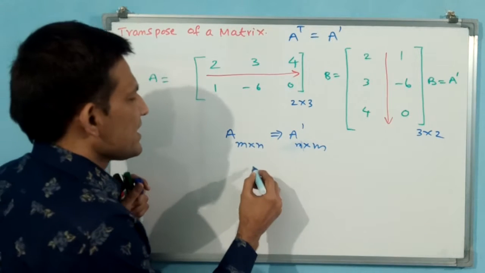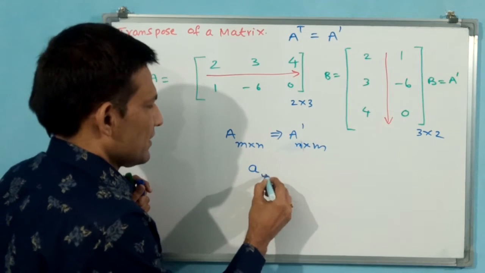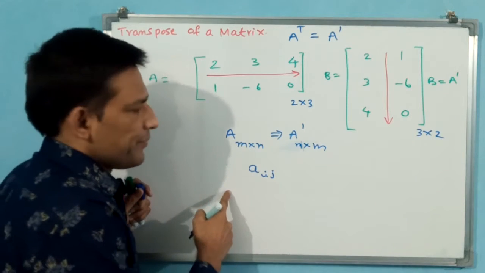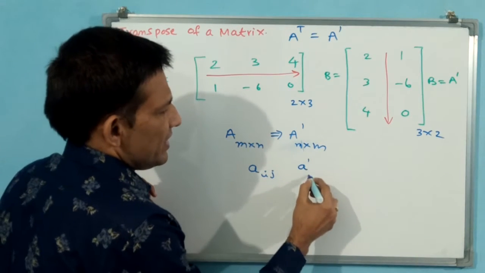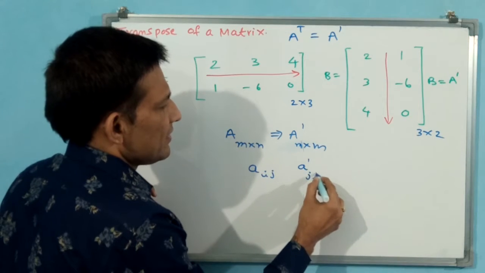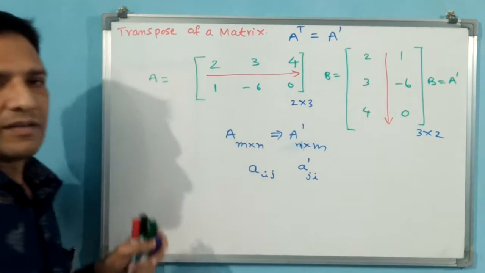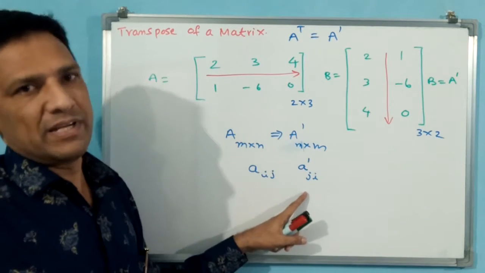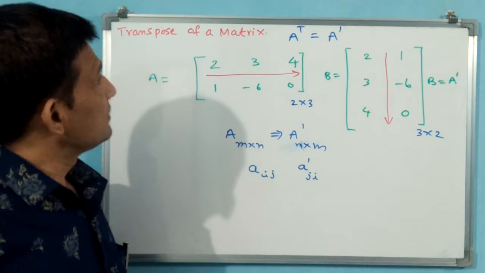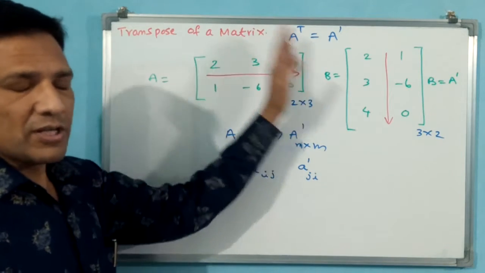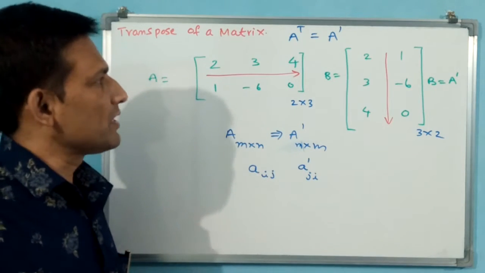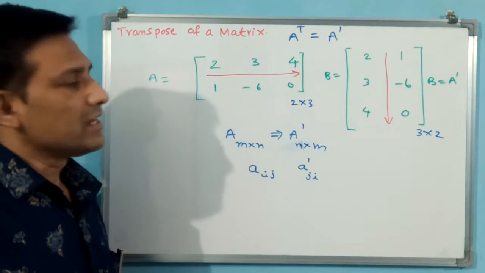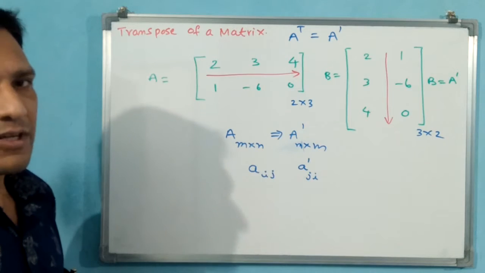Then what about the element? For A ij, the transposed element is going to become ji. Again and again we are saying complement, but we have to forget complement for this matrix. We have to call it only transpose.